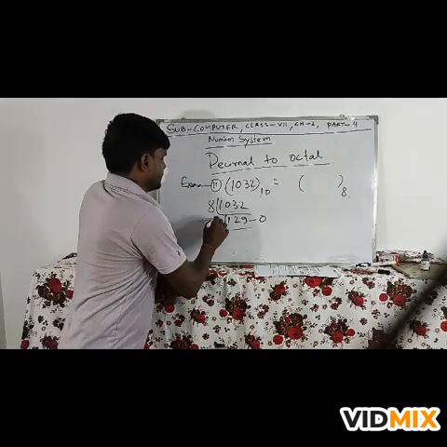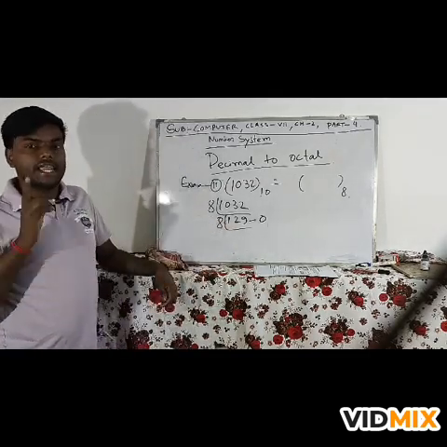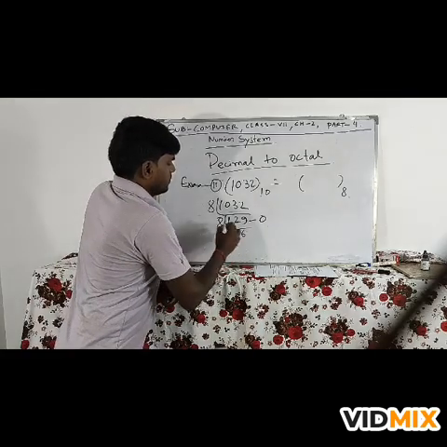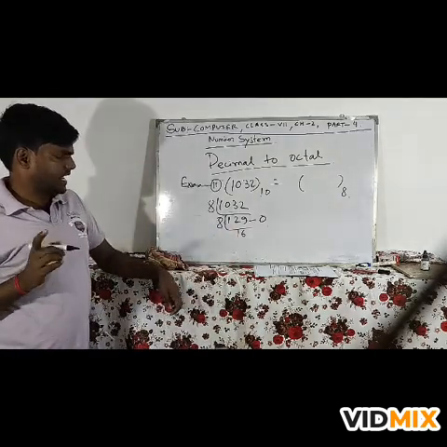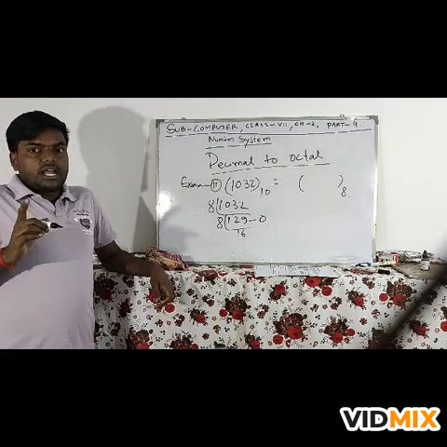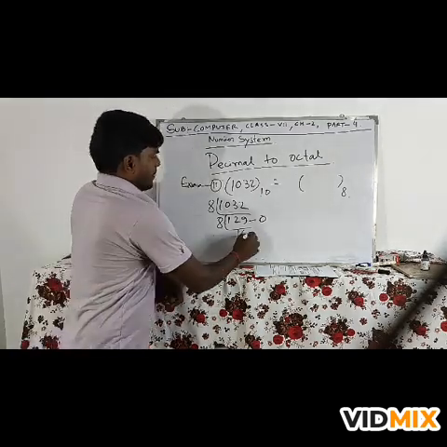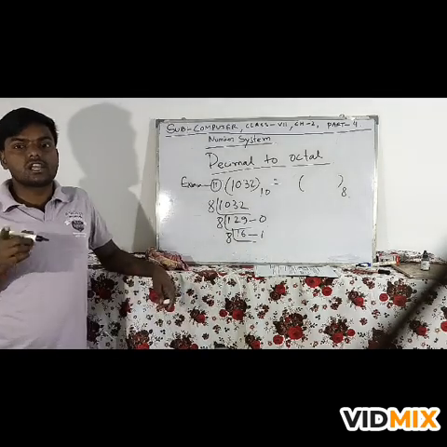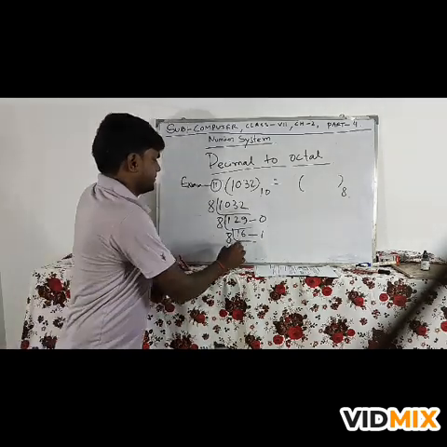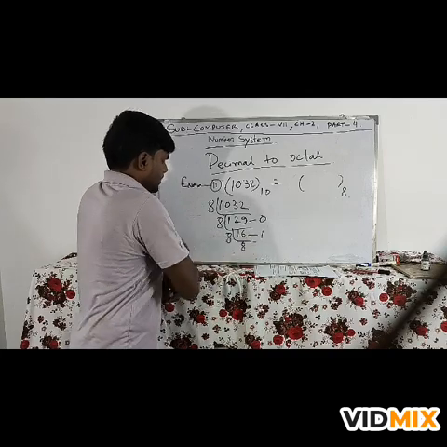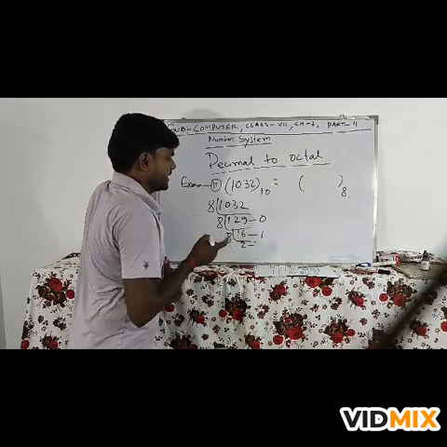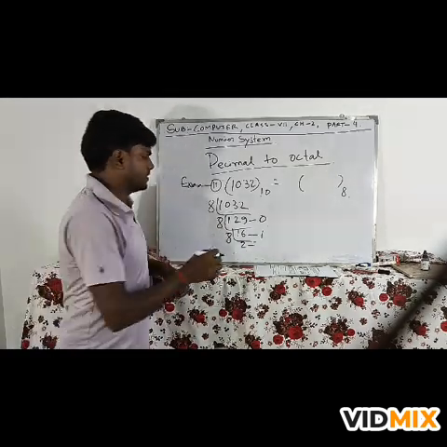Again divided by 8. We'll get 16, and the remainder is coming 1. Again divided by 8. 8 2s are 16, remainder is coming 0.